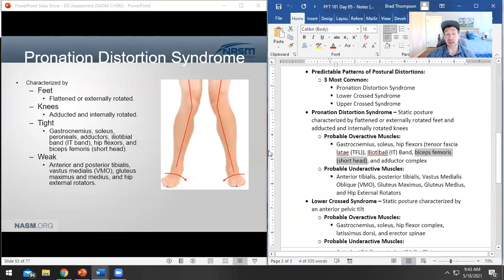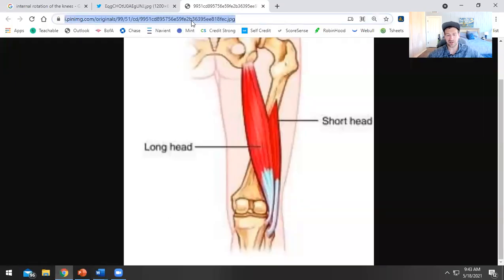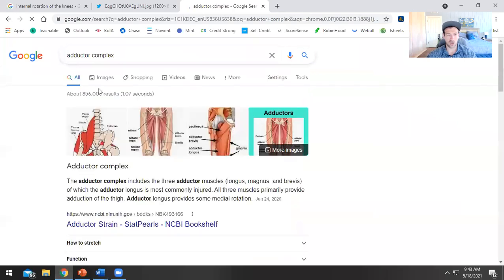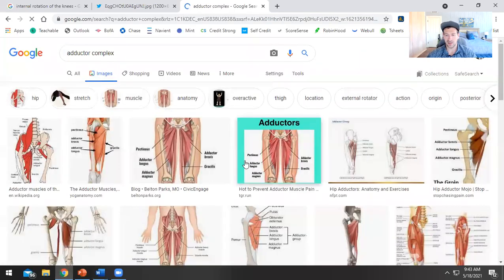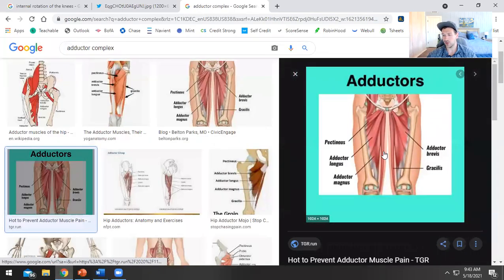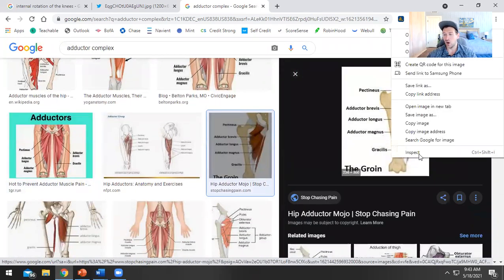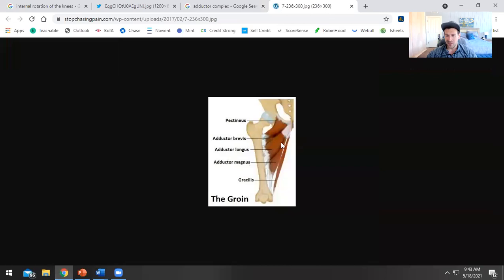And then one more is your entire adductor complex. And now we move to the inside of the thigh. So your adductor complex are all these muscles on the inner thigh that are contracting to pull your knees inward, right? So a lot of muscles here, all of them contracting to bring your thigh inward.